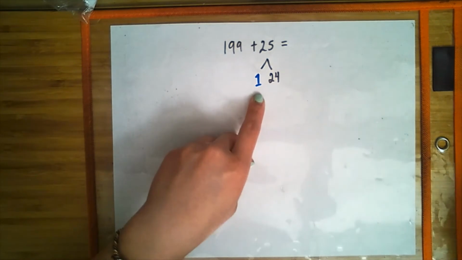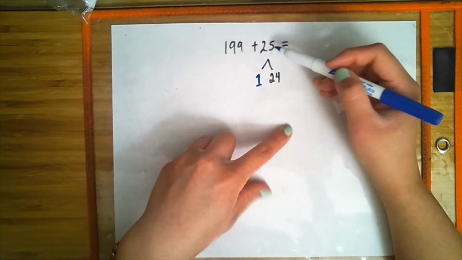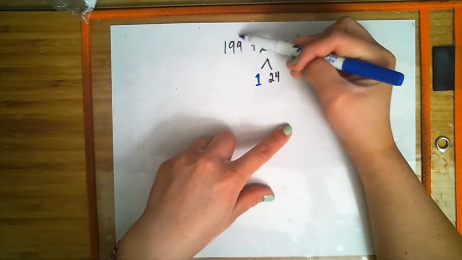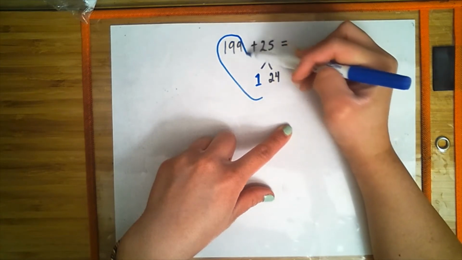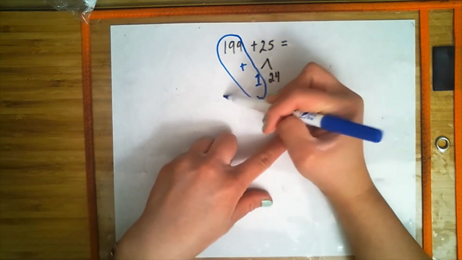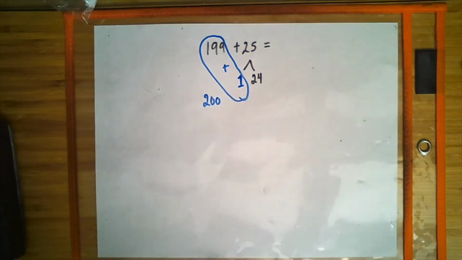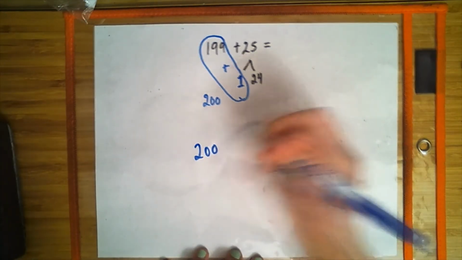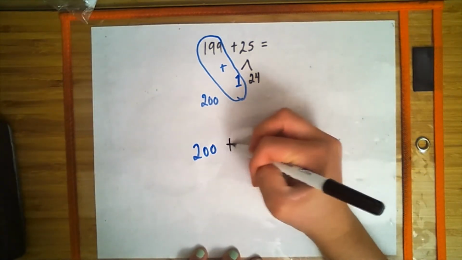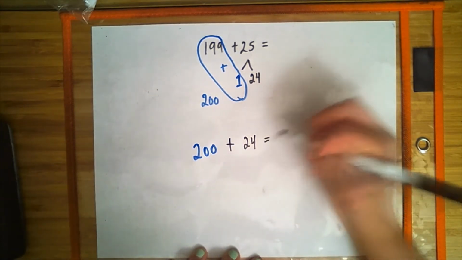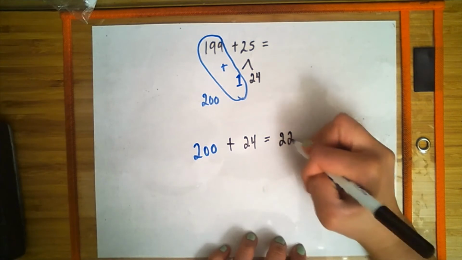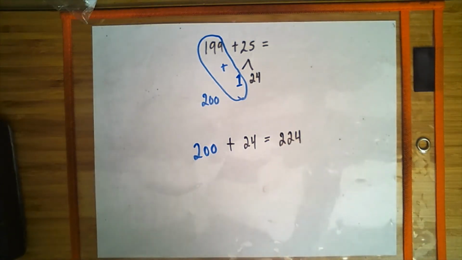We can add the 1 from the 25 to the 199 in order to get 200, which is the next closest 100. Our new number sentence is 200 plus 24 equals 224. That's our solution, and it's also our whole.